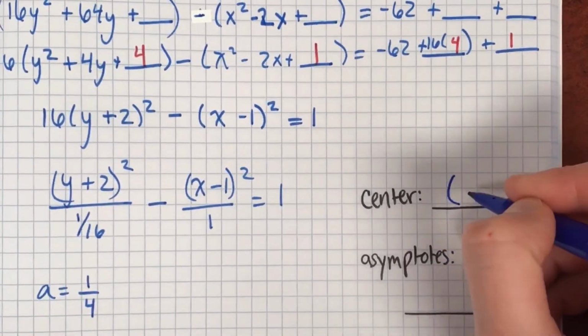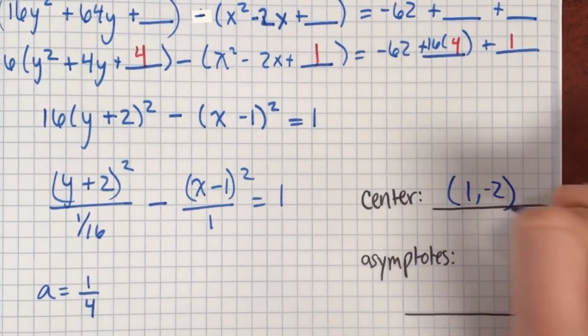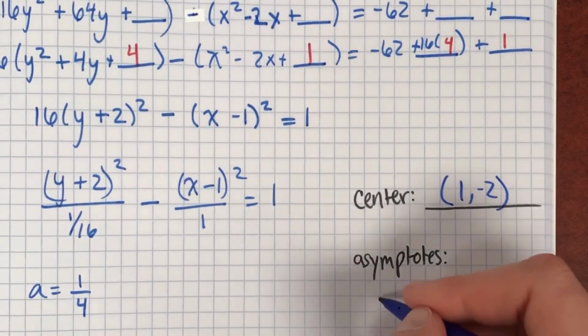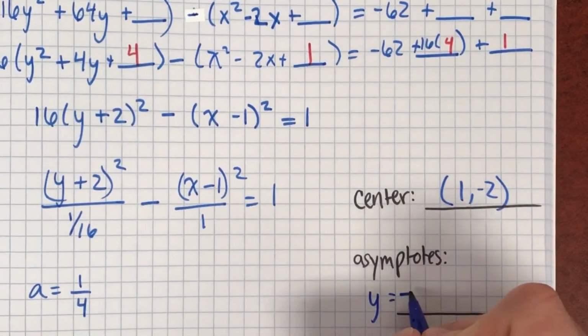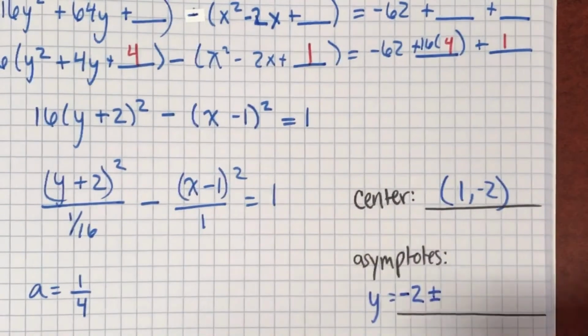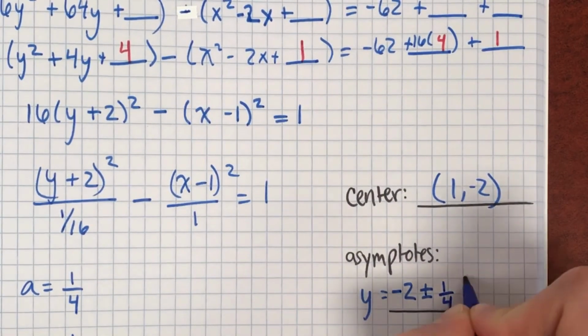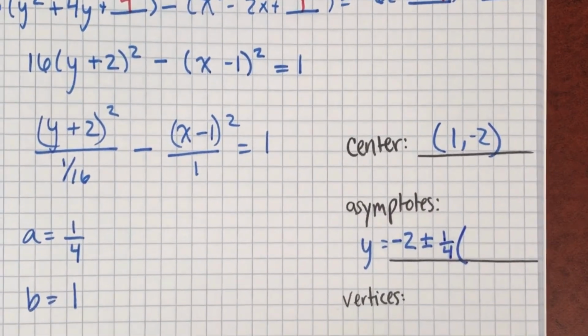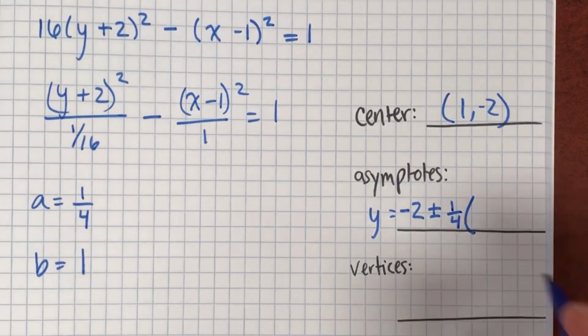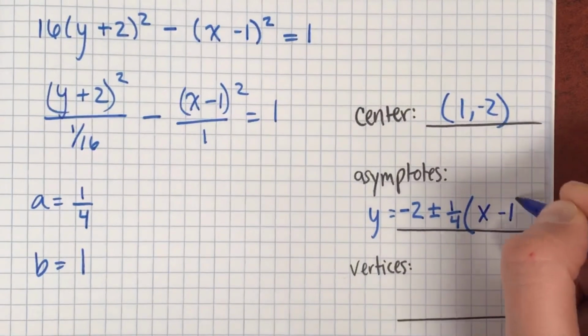From here I can tell that my center is at 1, -2. To find my asymptotes, I've got y equals -2 plus or minus 1/4 over 1, which is the same as just saying 1/4, and then we've got x minus 1.